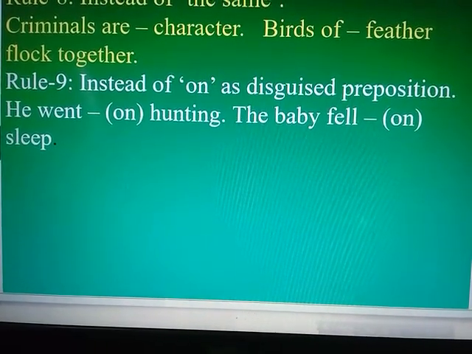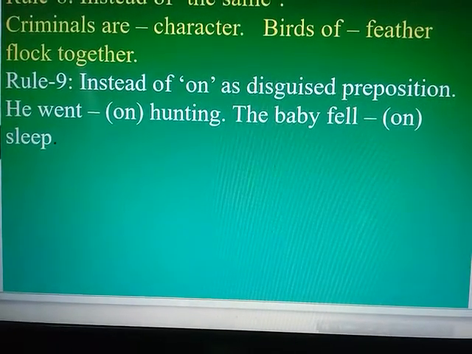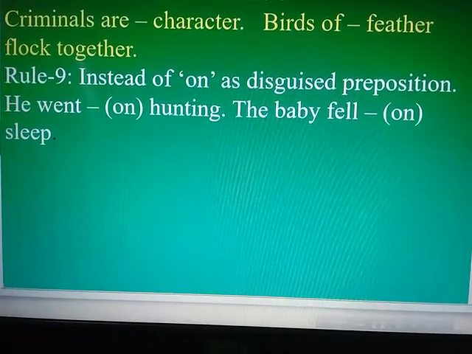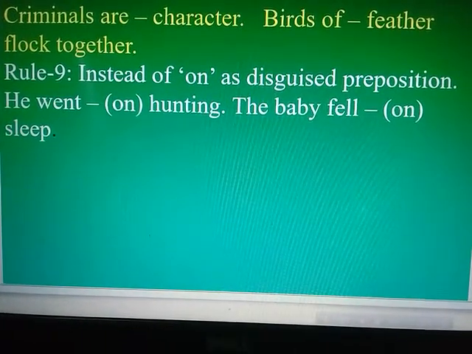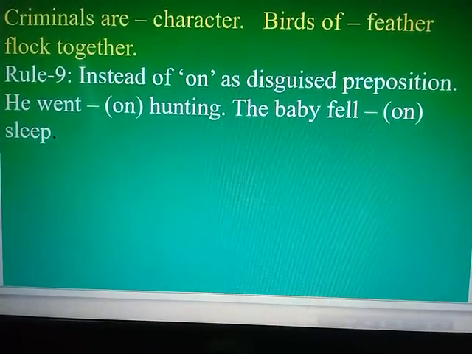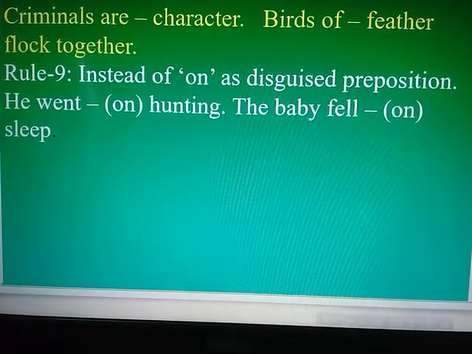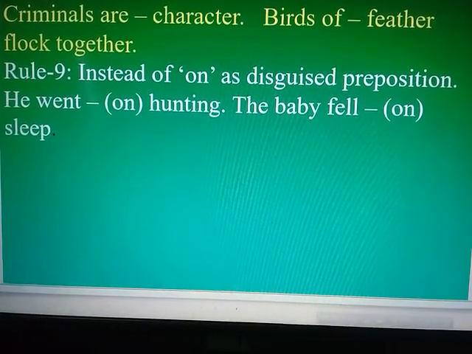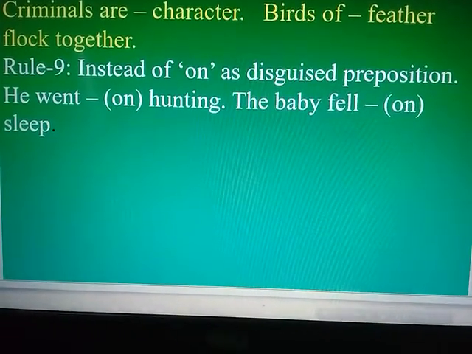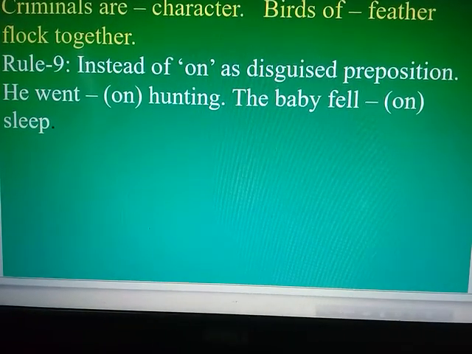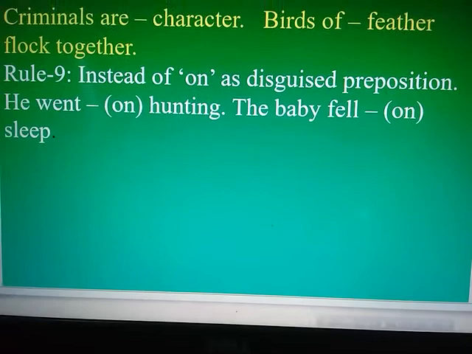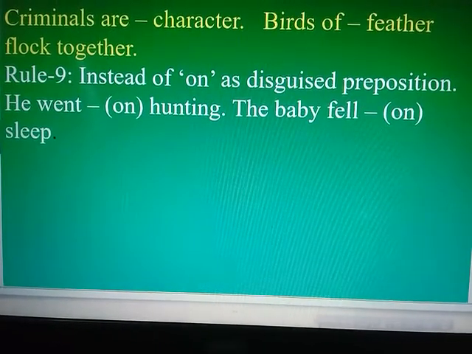Instead of on, we have to use a or an. He went a hunting. The baby fell on sleep, but we cannot use on. The baby fell asleep. Instead of on, we have to use a. I think you have understood it.